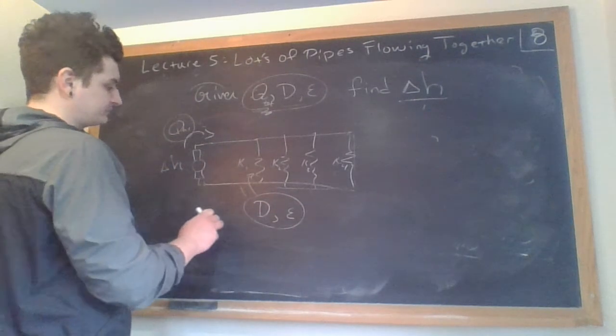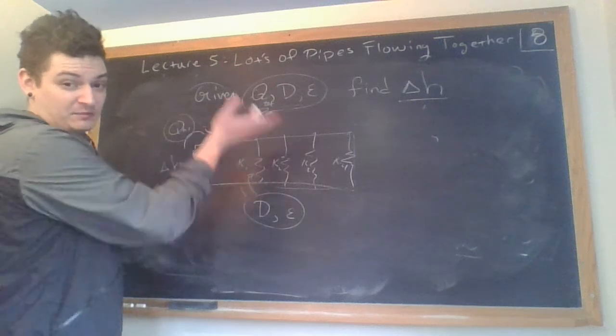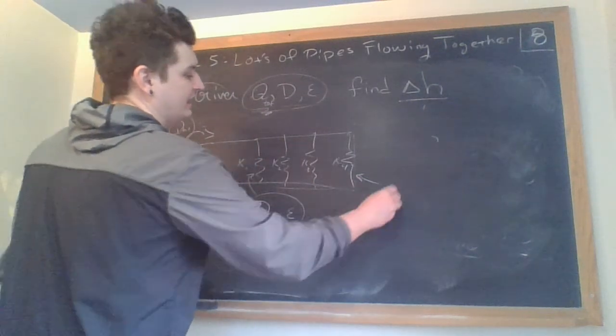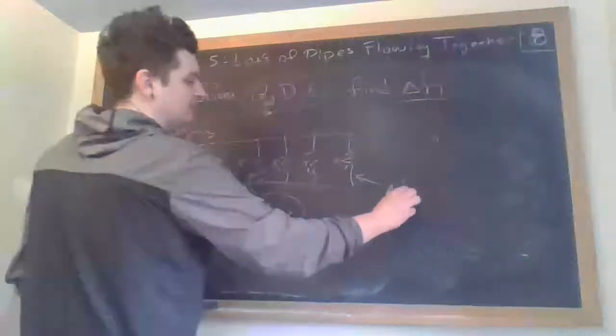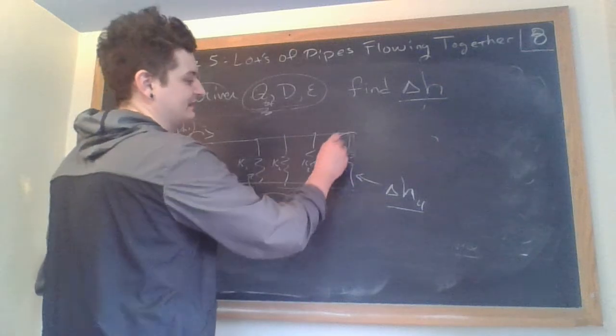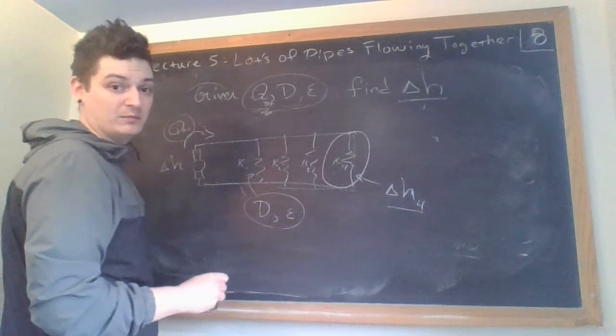So you guess the flow rates going in parallel, you then compute for each of these a head loss that you can easily calculate, because this itself is just a series problem.